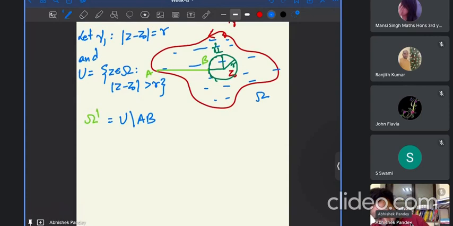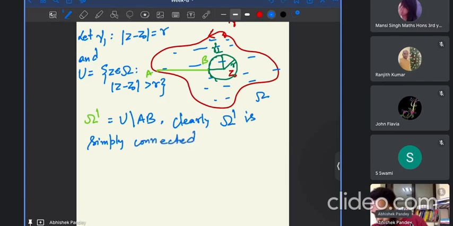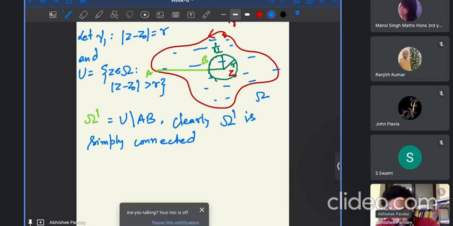So it is clear that omega dash is simply connected. Is it clear? So this is your omega dash as, wait a minute, some mistake here.